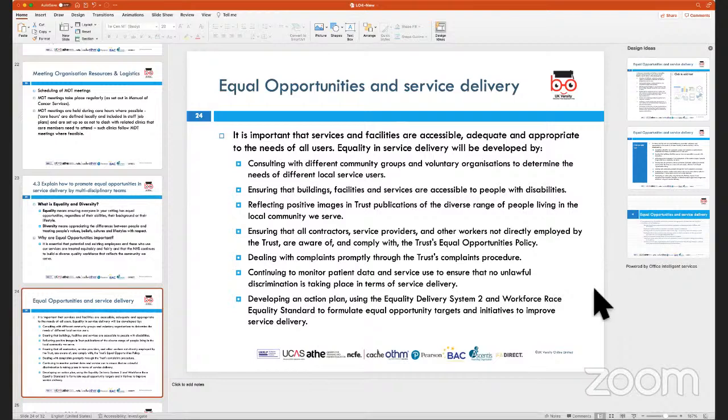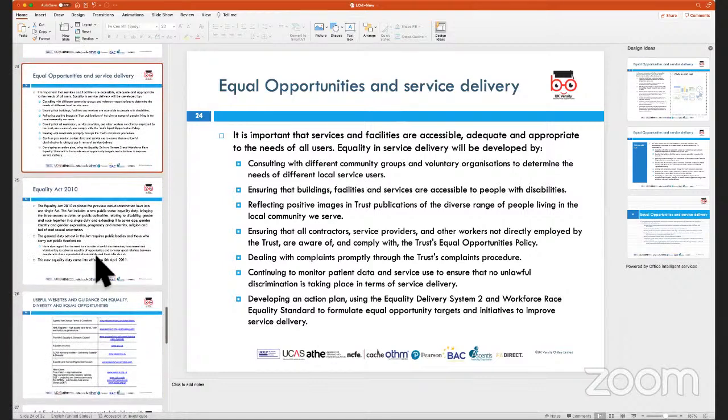Some of these things are also reflected within the printed collateral of the NHS, for example, the use of different faces to show that the NHS caters to a diverse range of people living within our community. Those are bits in which we can see how equal opportunities are being promoted when the National Health Service or mental health service or health and social care sector is providing delivery.